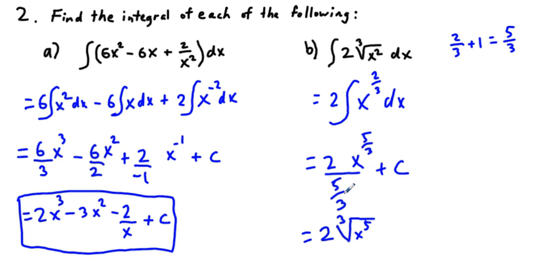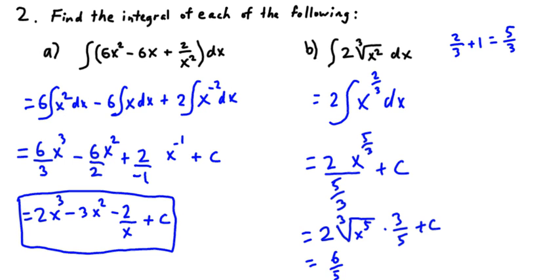And dividing by 5/3 is the same as multiplying by 3/5 plus c. And so we're going to get 2 times 3 divided by 5 is going to be 6/5.